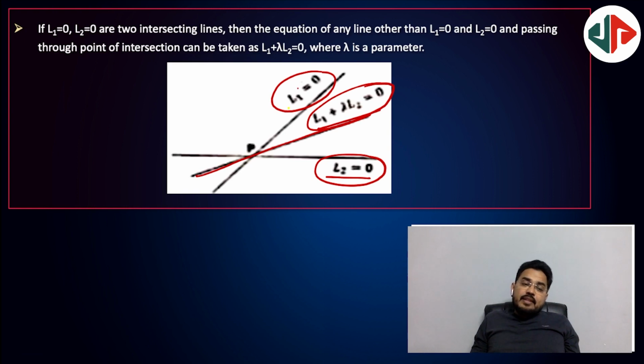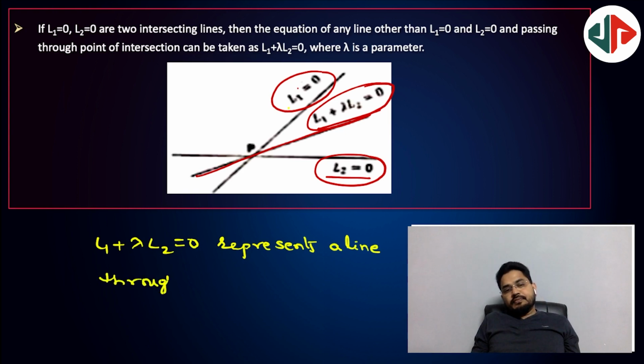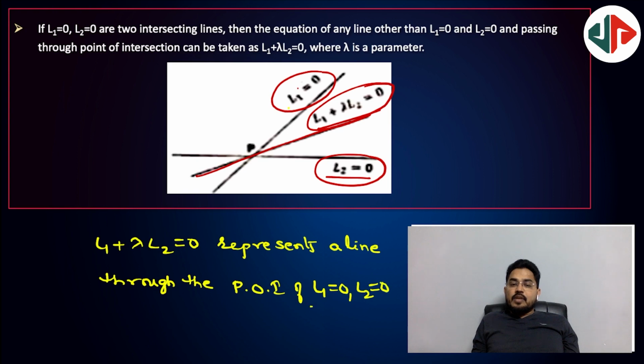This is another important point, that is L1 plus lambda L2 is equal to 0 represents a line through the point of intersection of L1 is equal to 0 and L2 is equal to 0.